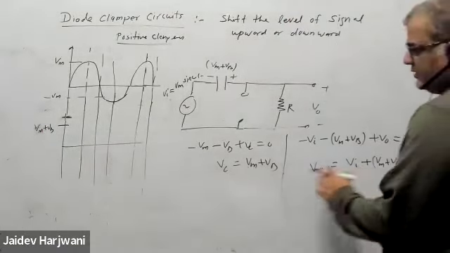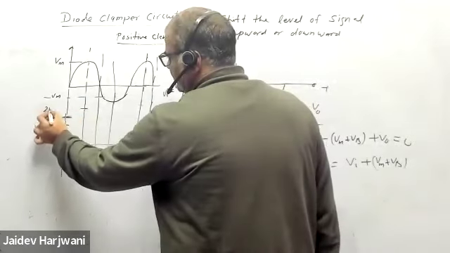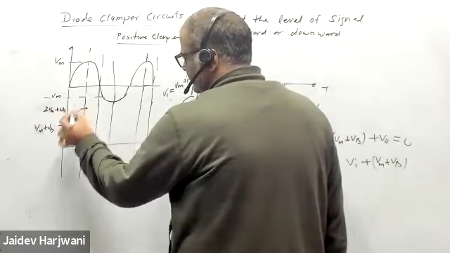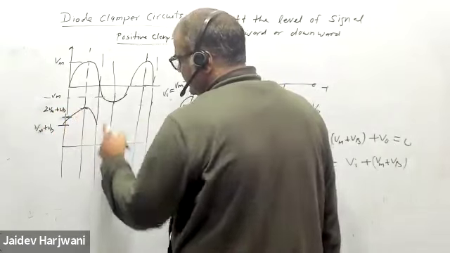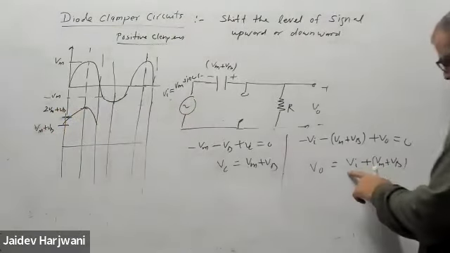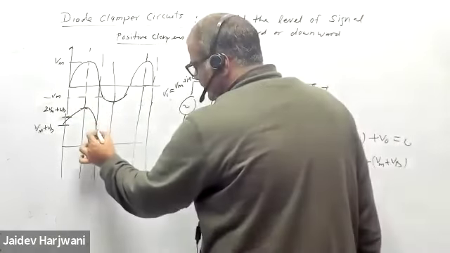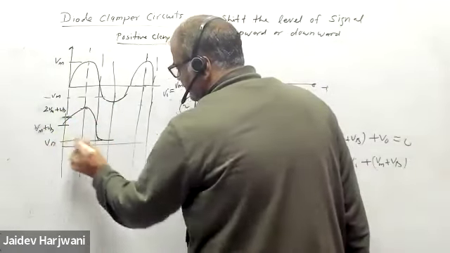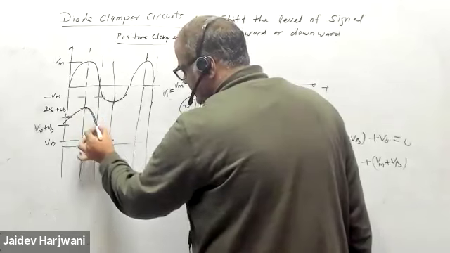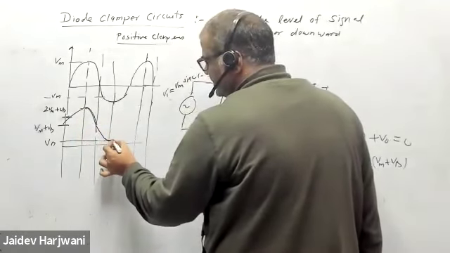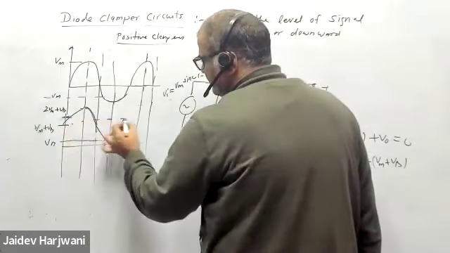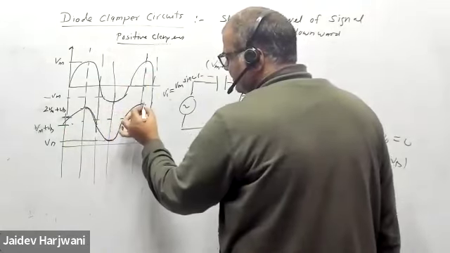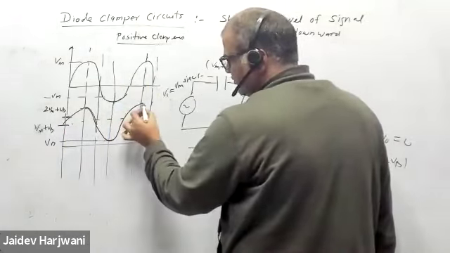When the input is VM, it will go up to 2VM plus VB, like this. When it is 0, it will come here. And when it is minus VM, it will go only up to VB here. Again, when it is 0, it will go up to this level, and then when it is plus, it will go further up to VM, and for 0 again it will come like this.